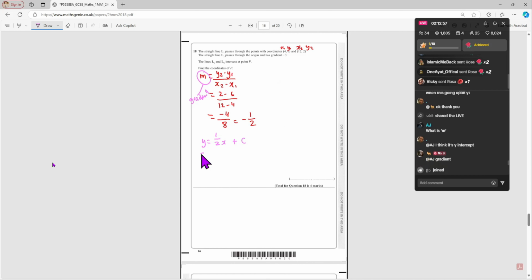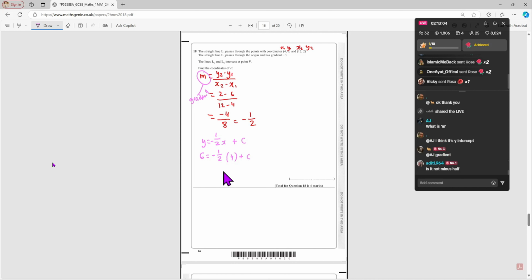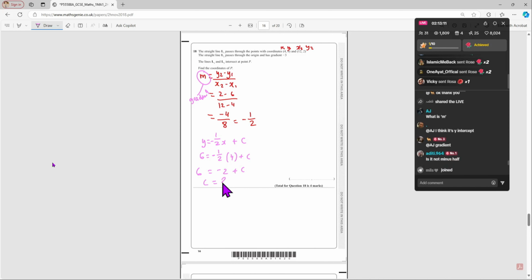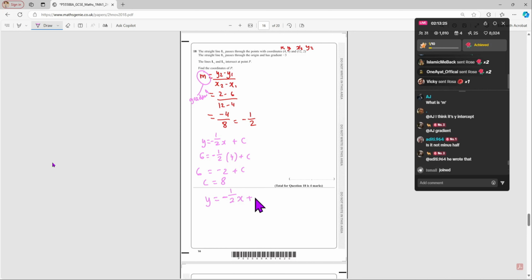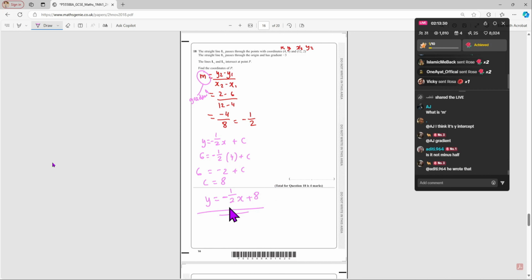Substitute in, we're going to have 6 is equal to -1/2 times 4 plus c, which will give you 6 is equal to -2 plus c. So we know that c is equal to 8. So our final equation for line 1 is y is equal to minus a half x plus 8. Okay, that is the equation for line 1.